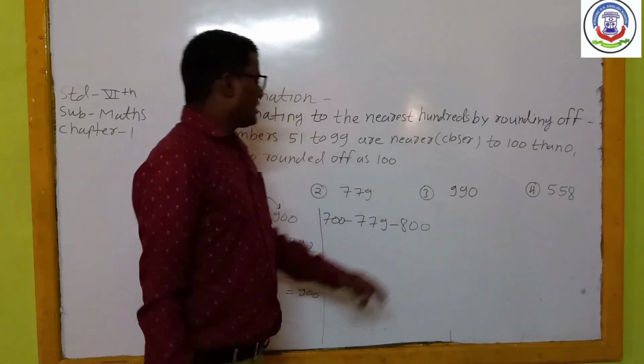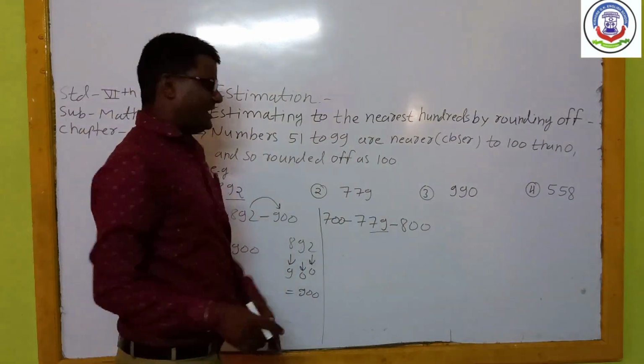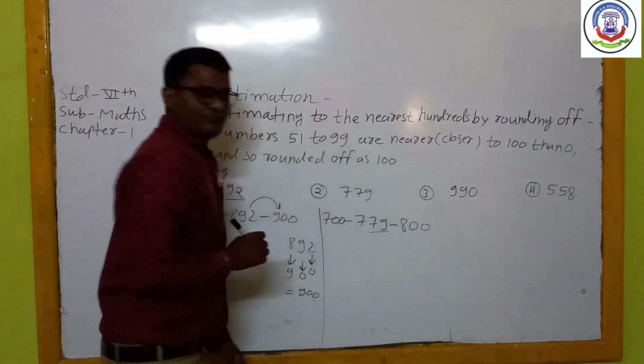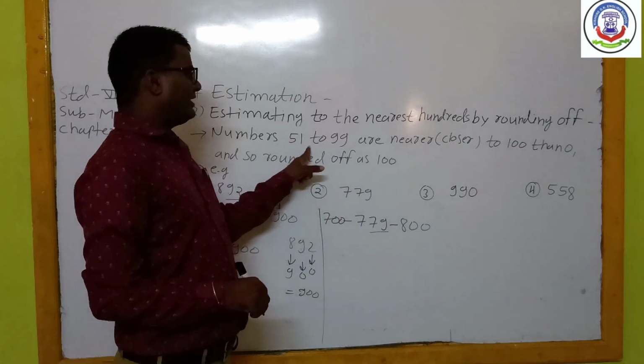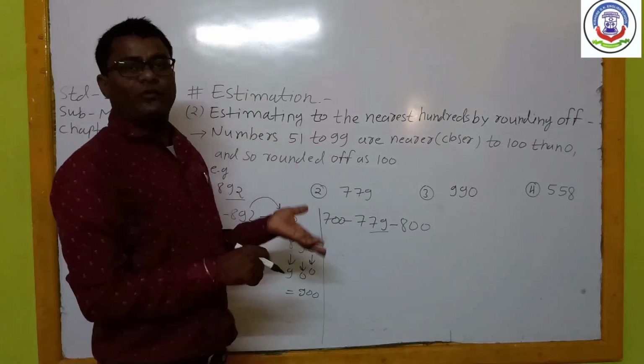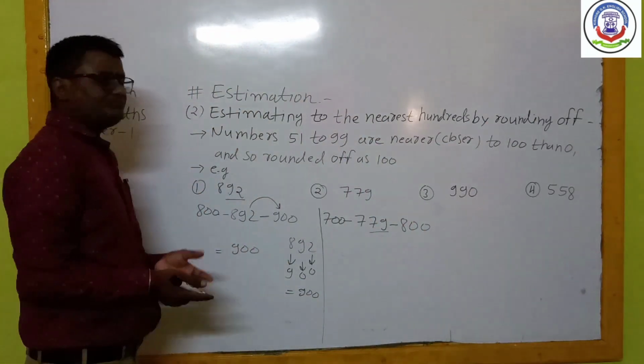Okay, how? Because the digits at ones and tens place, 79, lie between 51 and 99, so they are rounded off as 100. Okay, means what?